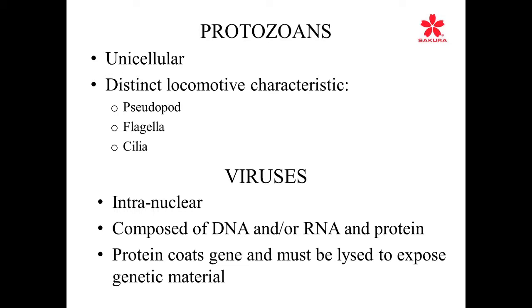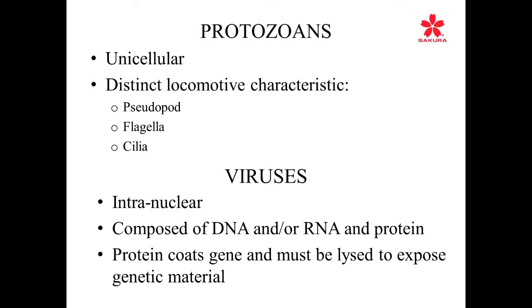The last classification is viruses. They are intranuclear, and viruses are very important because in histology, we're starting to see labs go more and more into DNA and RNA extractions, or into molecular biology. The key thing about the DNA and RNA is the protein.